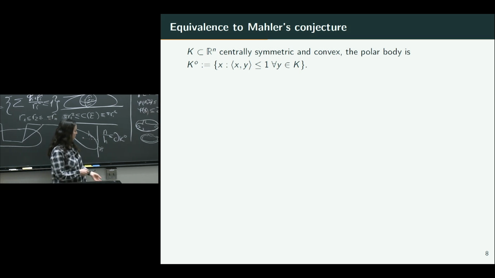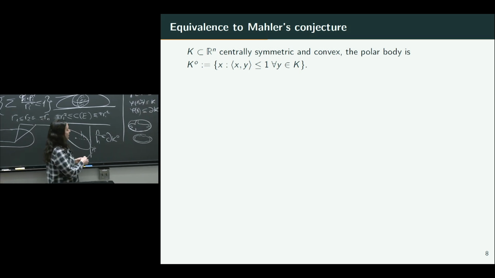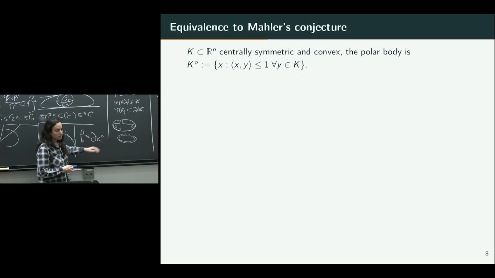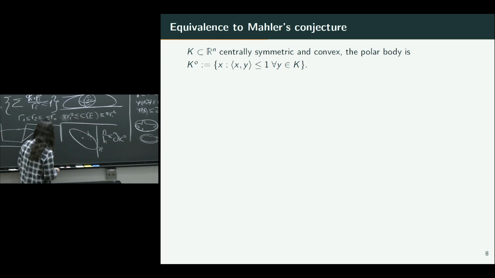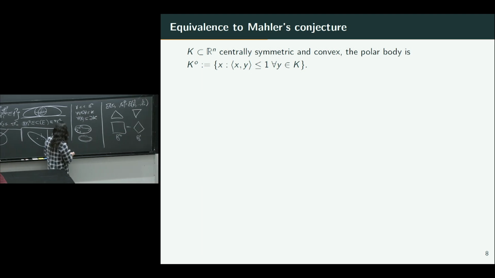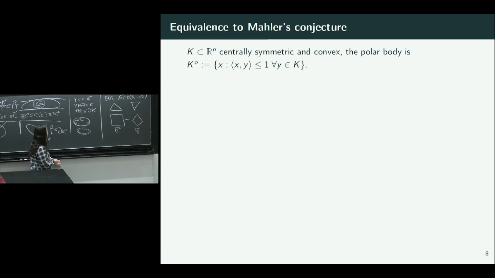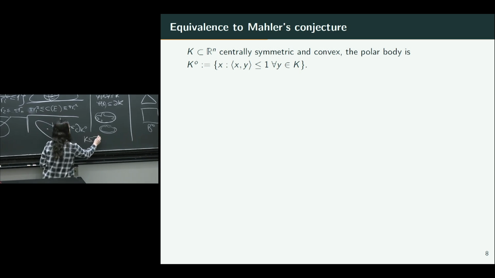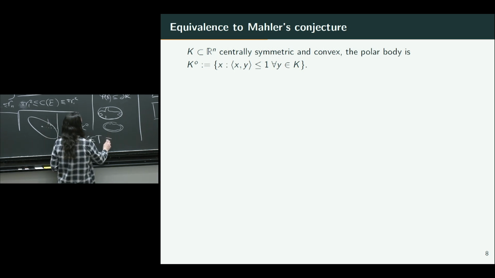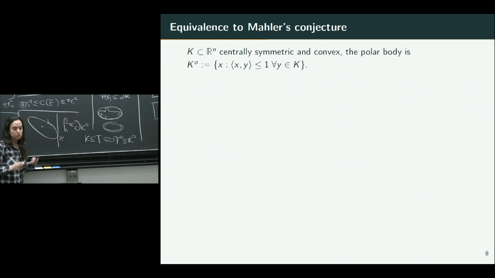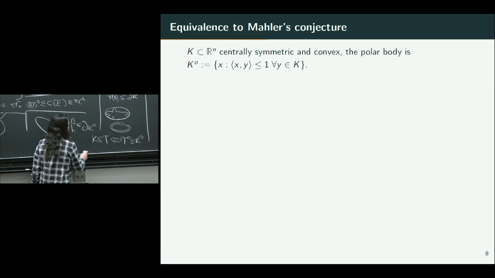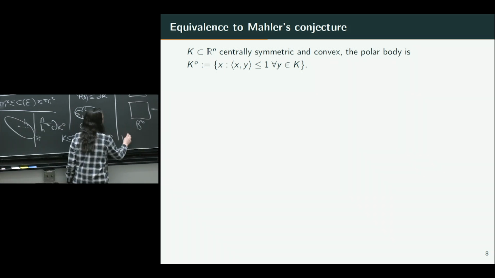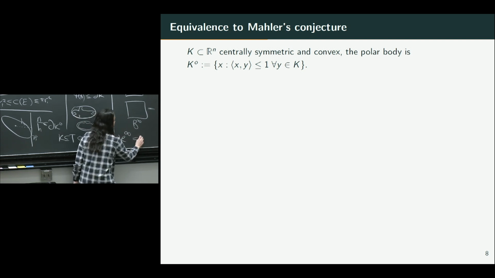And this action of associating to every domain its polar would satisfy that it's order reversing. So if K is contained in some other convex domain T, it means that T polar is contained inside K polar. So it's order reversing. And it's also an involution. So K polar polar, doing it twice, would bring us back to K.